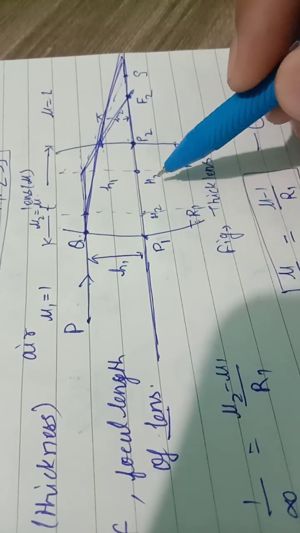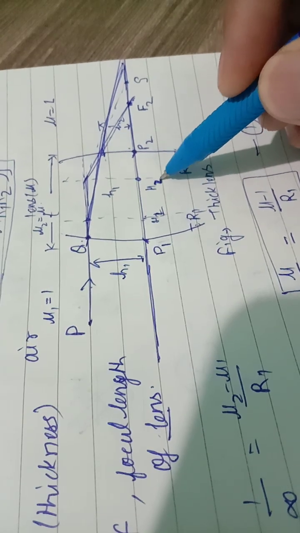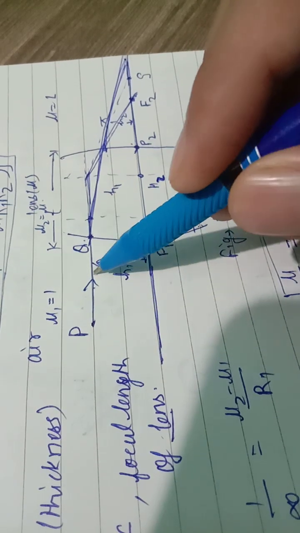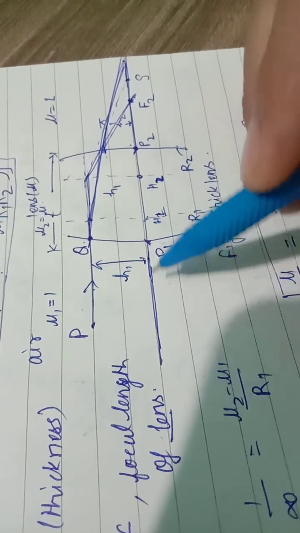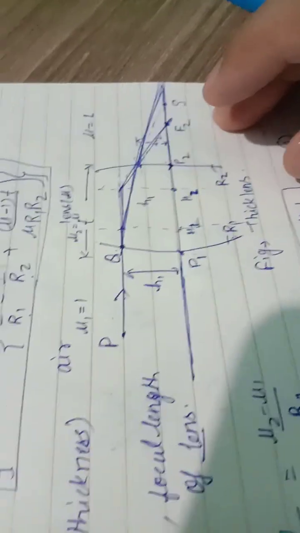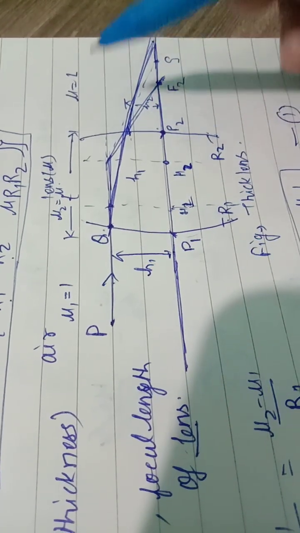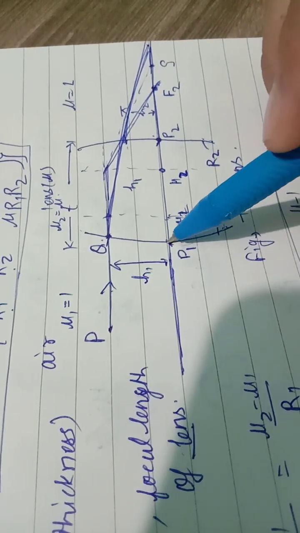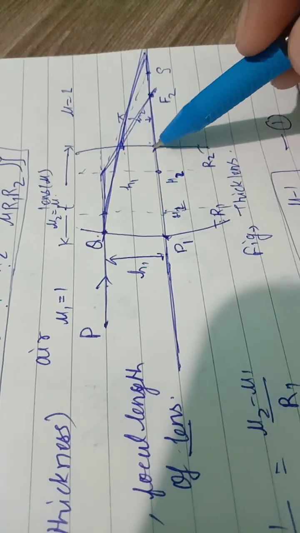Here h1, h2 is our principal point. Let h1 be the distance from the principal optical axis, and this is P1 and P2 on the principal axis.